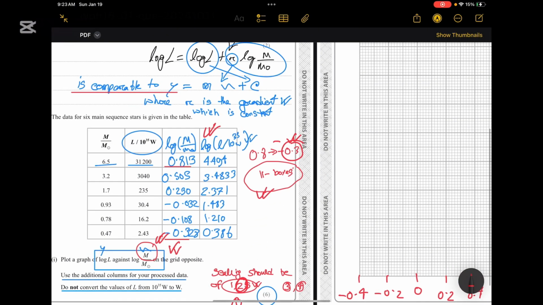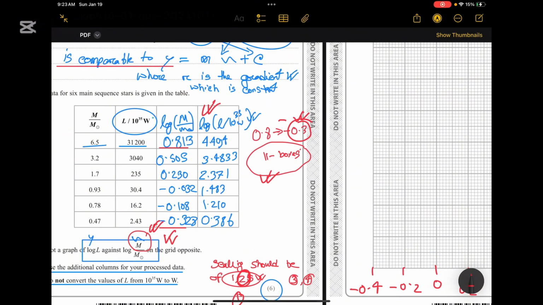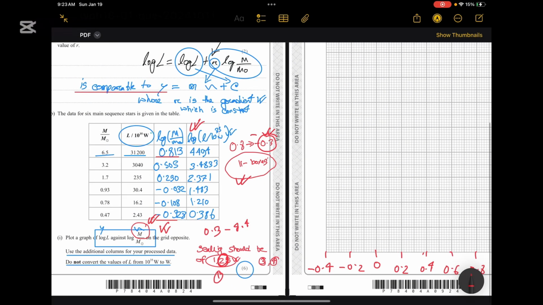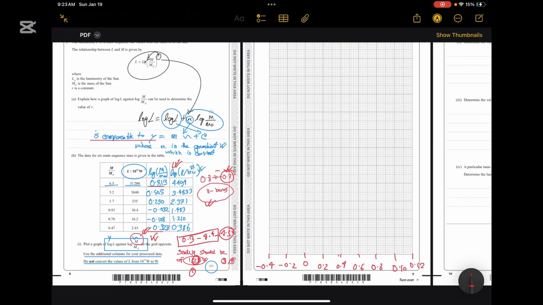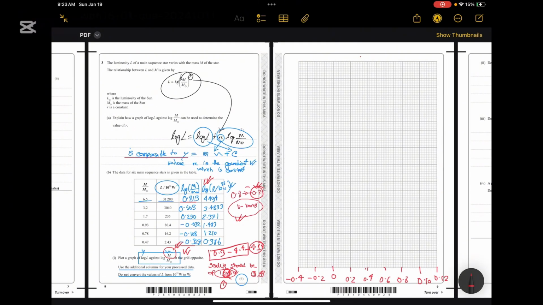In the y-axis they have given values from 0.3 to 4.4, so there is a huge difference of 4.1. So we can take a scaling of 5. If we take a scaling of 5, our y-axis should be from this position.